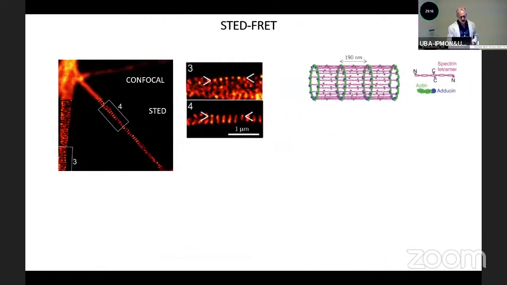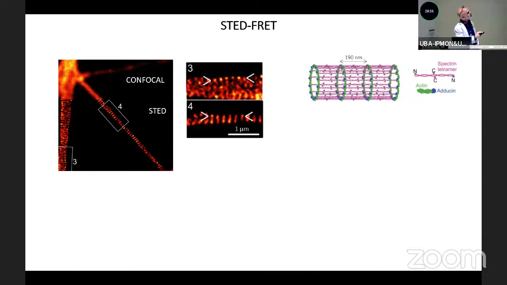Okay, STED FRET. Yesterday we saw, for example, that if you use STED or any other super resolution method, you can resolve this supramolecular structure in neurons, right? That is not visible in conventional imaging. This regular structure of actin, spectrin, and adducin is supposed to have this structure. This is the working model.